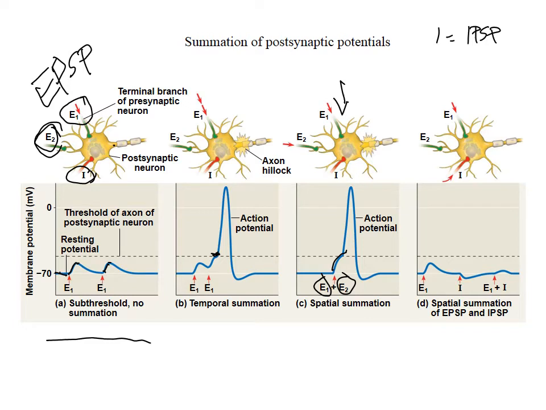But if you have the inhibition going on at the same time, and that actually minuses out some of this stuff, then you get some excitation, then you get an inhibition. And when you add them two up, you're not going to reach threshold, so nothing is going to happen.